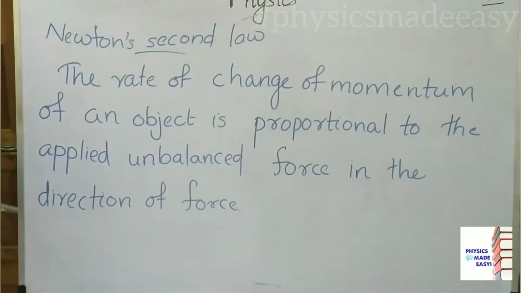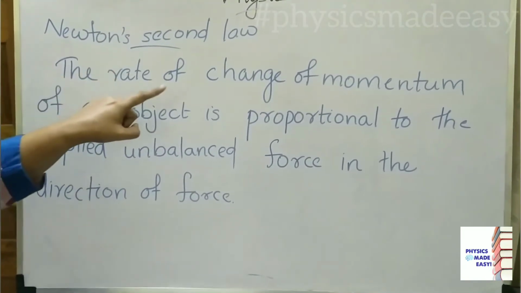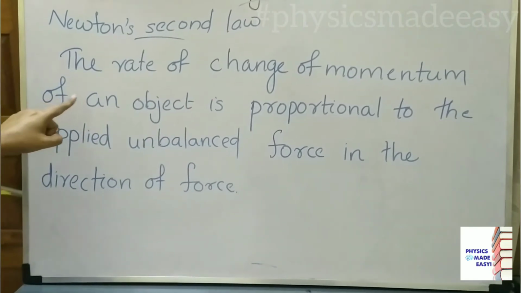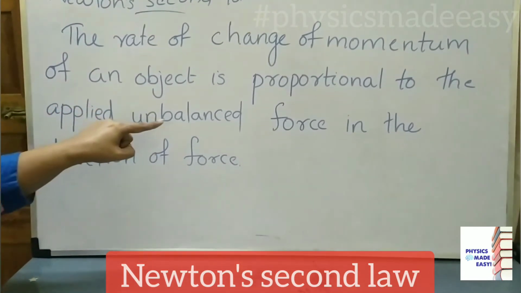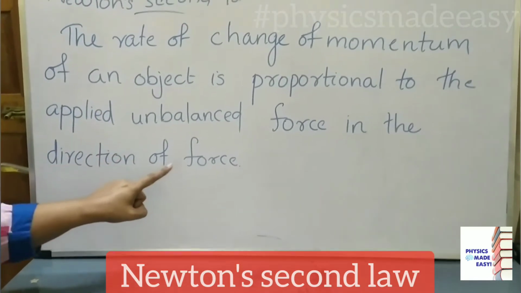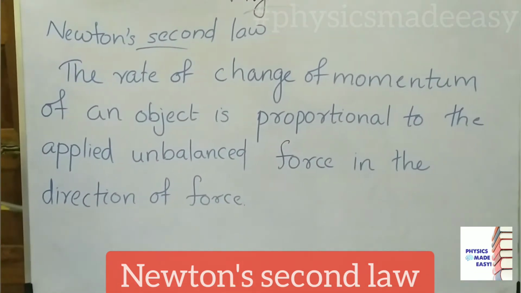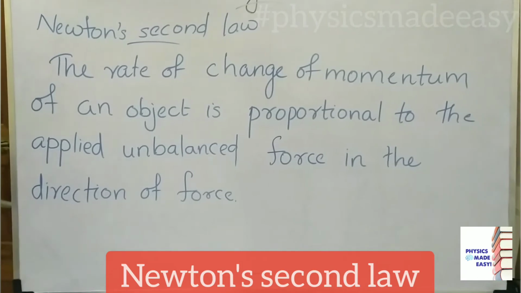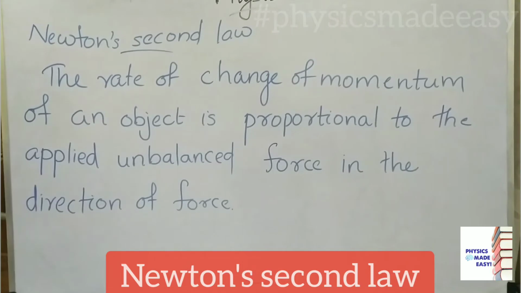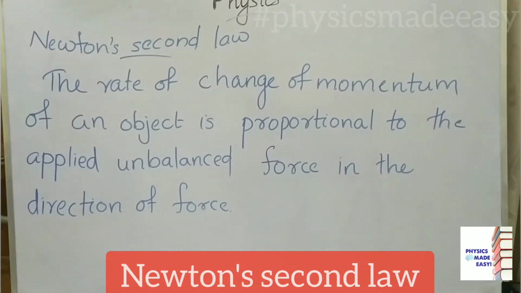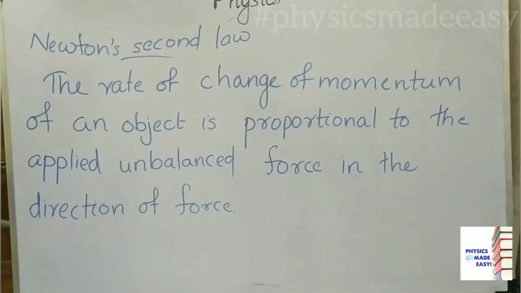Listen children, Newton's second law states that the rate of change of momentum of an object is proportional to the applied unbalanced force in the direction of force. You know children, from Newton's first law we learned, if there is no force, the object will continue the same state of rest or state of uniform motion. If there is an unbalanced force, an applied force there, what will happen?